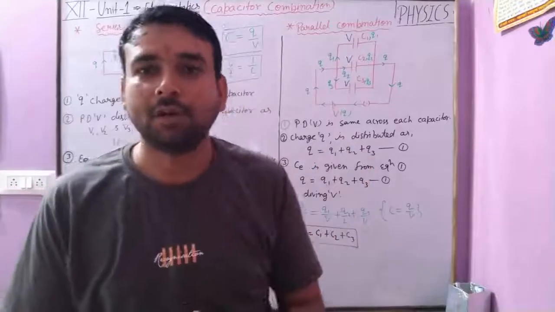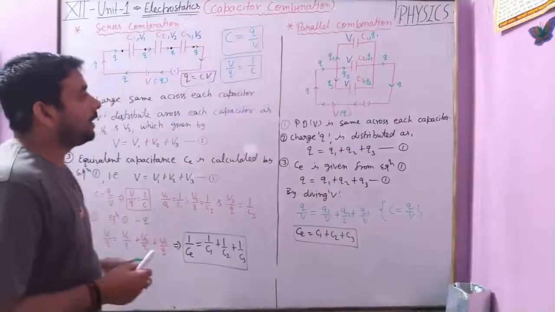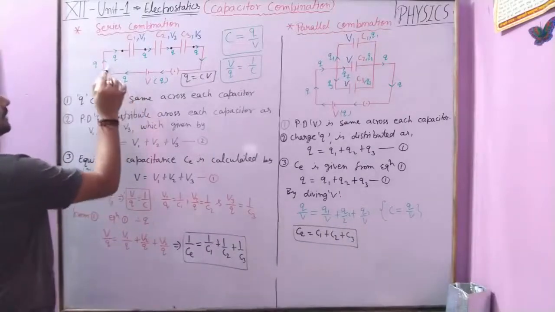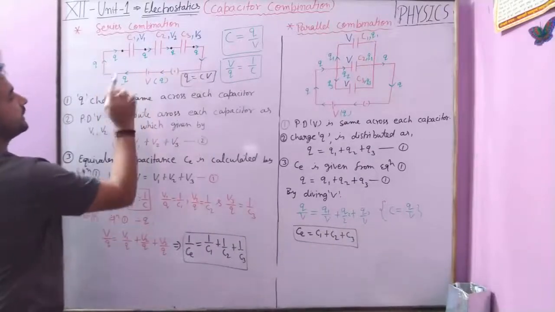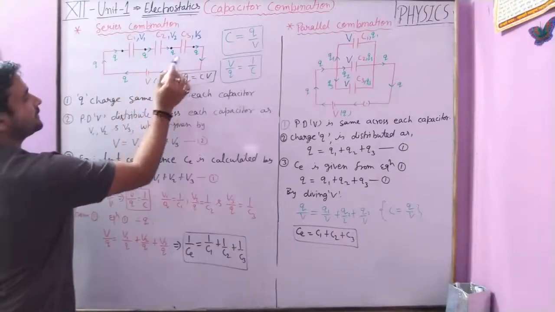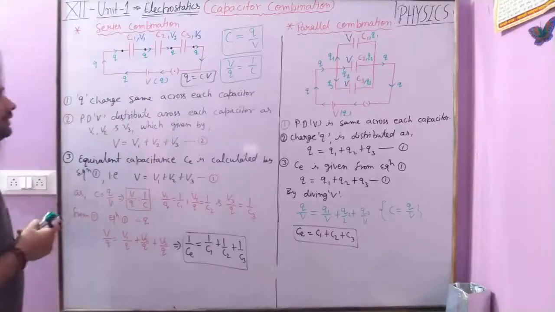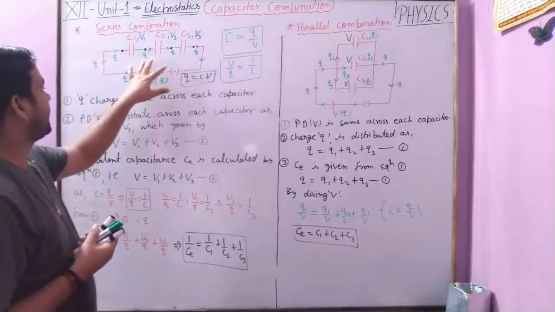Now we understand that if this charge Q is moved across the circuit connected with capacitors of capacitance C1, C2 and C3, there is only one path.